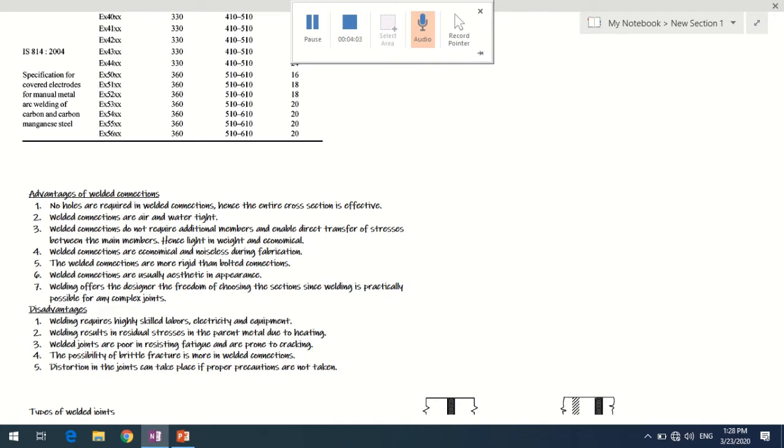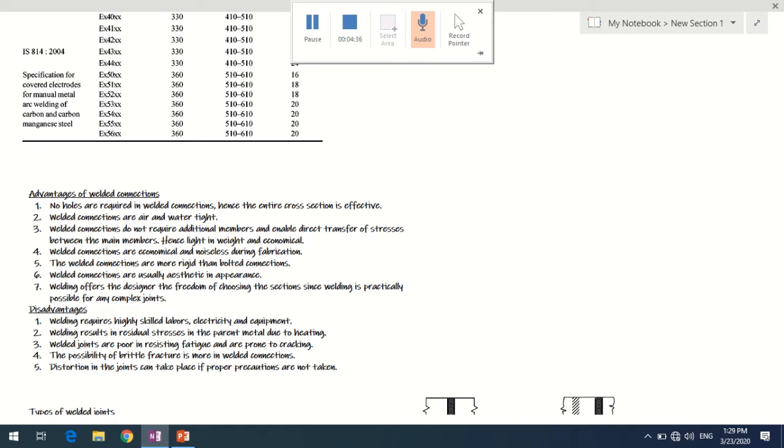If you look at bolted connections, they do not give a pleasing appearance when you have a large number of bolts in that connection, or when the bolt size is very large. You can witness this in case of bridges. If you visit any bridge structure where bolts have been used to connect the members, you can see a very large number of bolts which look very odd in appearance. So welds give a very good, aesthetically pleasing appearance.